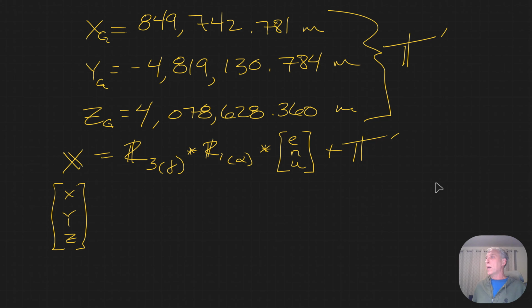So I'll say where gamma equals minus 90 minus lambda, and alpha, they're just angles, right, is equal to 90 minus phi.